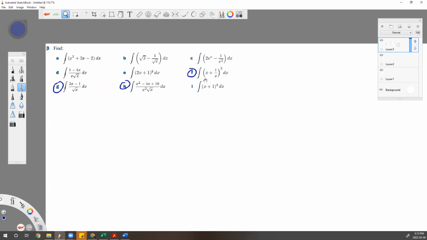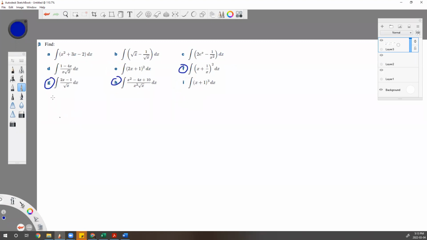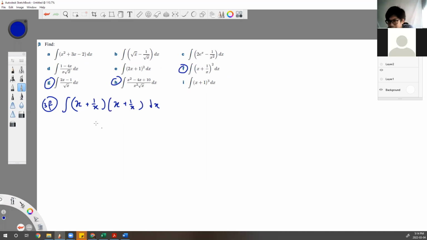So it seems hard, but as long as you know how to do it, it's fairly simple. 3f, let's see. x plus 1 over x, squared. So what do you have to do now? Expand, right? Just do it double, because it's a square. I'll put the x for the sake of the rules. And then what can you do now? Do the rainbow rule.